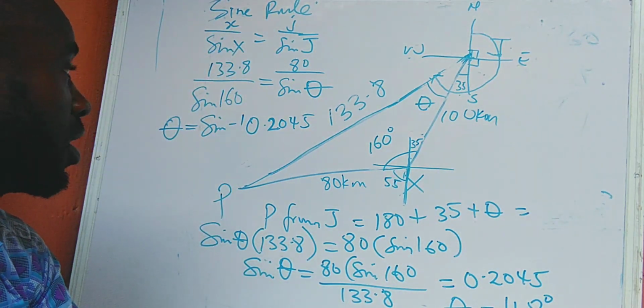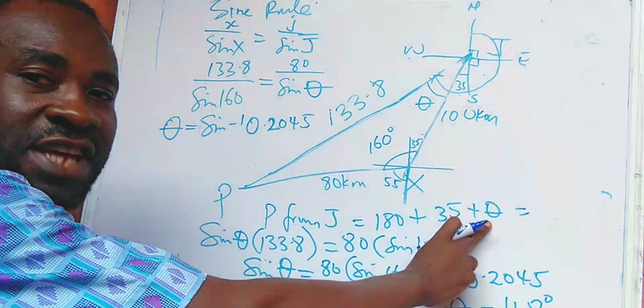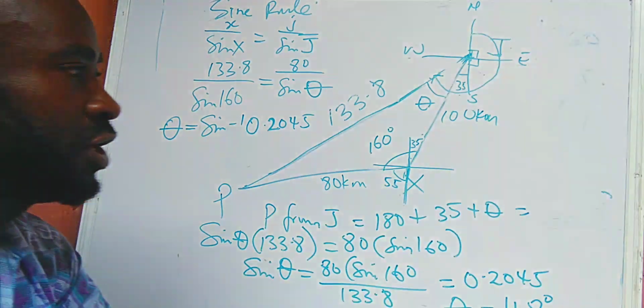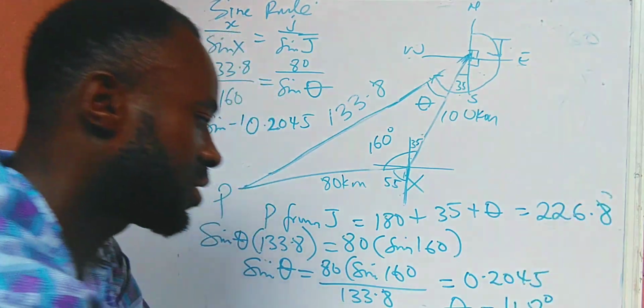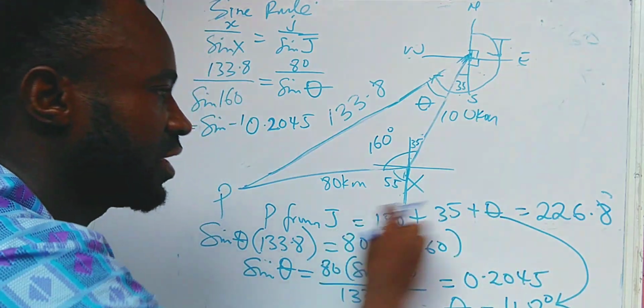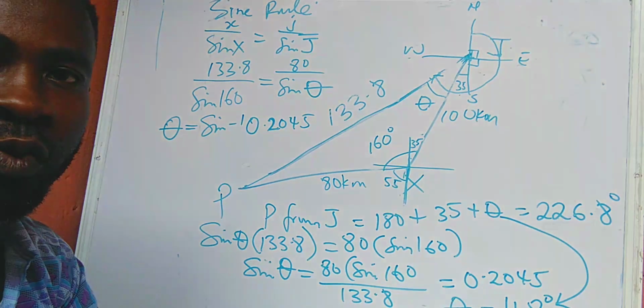Your calculator will help you to get it faster. So if I substitute my value of theta here, my bearing now will give me 226.8. By the time I substitute this value of theta and add this up, this is going to be my bearing. So we have answered the question.